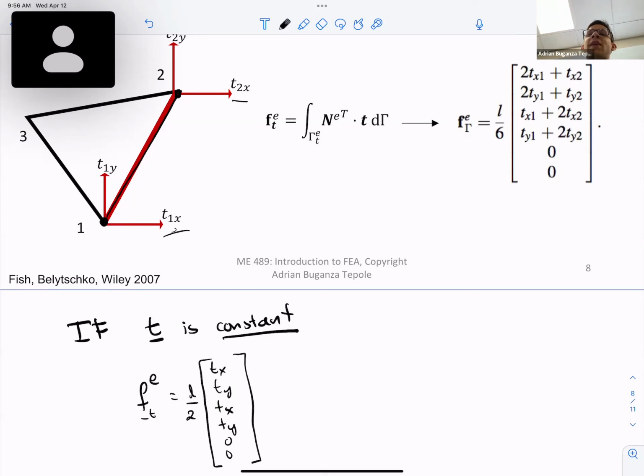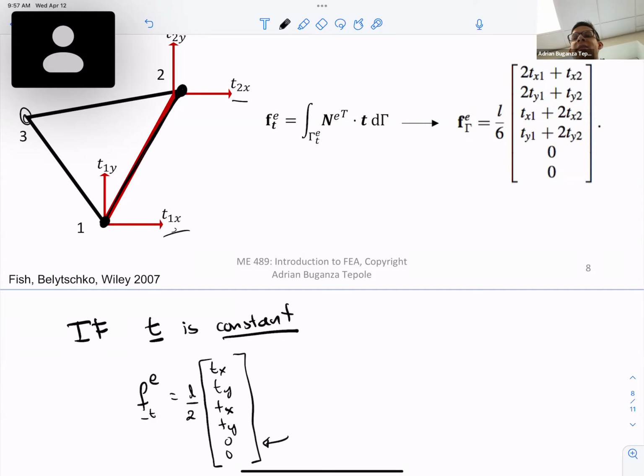All I'm doing is multiplying the traction, which is force per unit length, by the length of the edge, and then splitting it in 2. I'm putting half of it to one node and half to the other node. The third node doesn't have any because it is not on that edge.